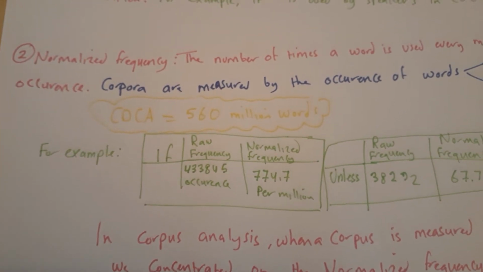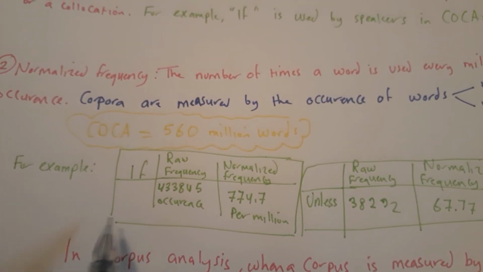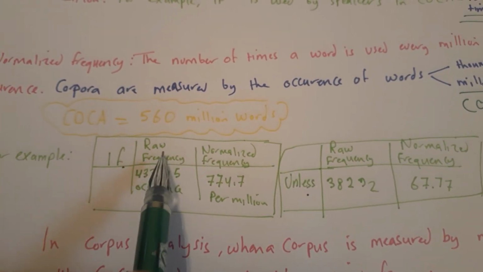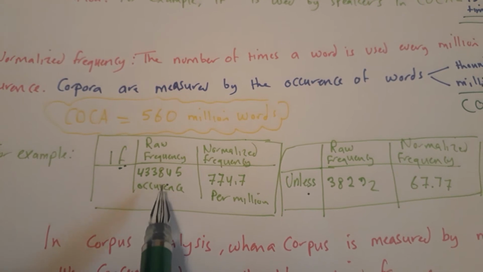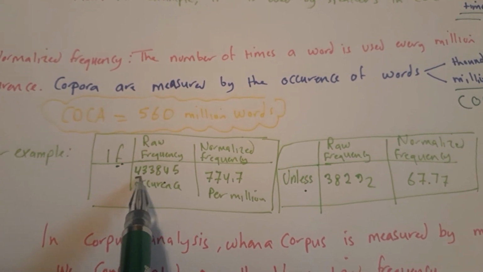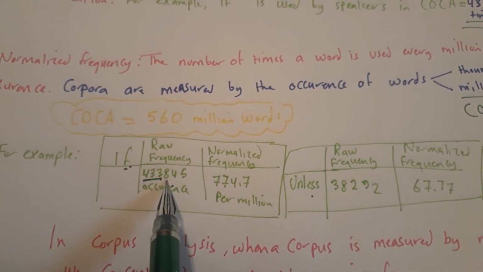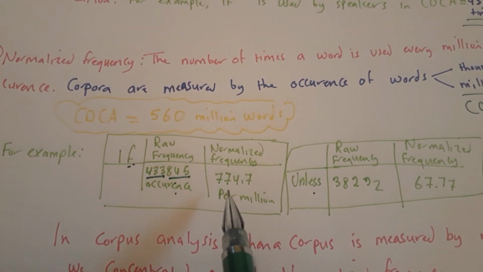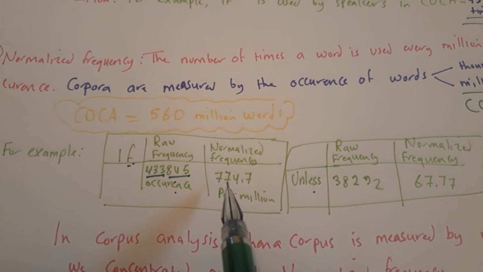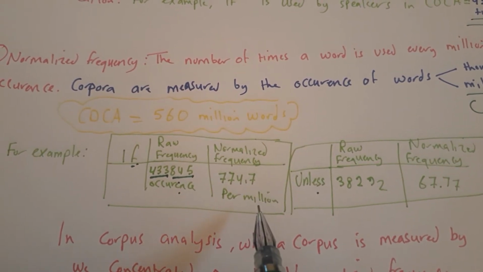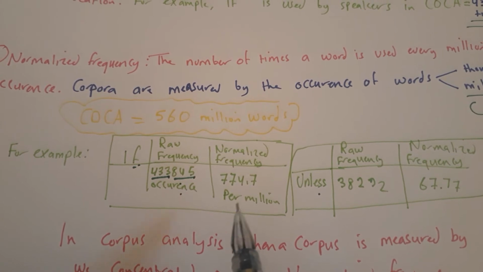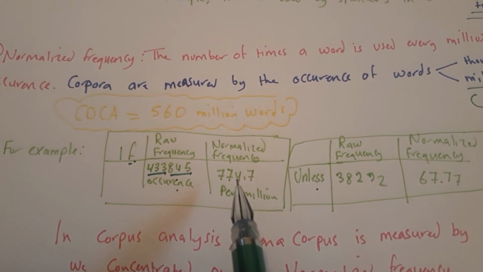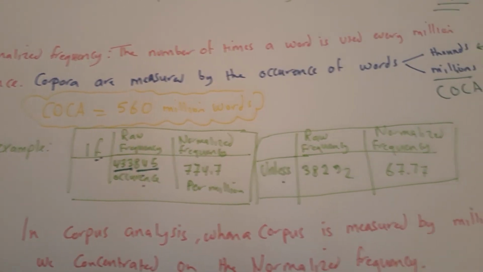Okay, now let me give you an example. We are talking about conditionals here. We are talking about if and unless. The raw frequency of occurrence of if in COCA is about 433,845 times, whereas the normalized frequency is about 774.7 per million. That means in every million words, if occurred 774 times. Let's take a look at unless.